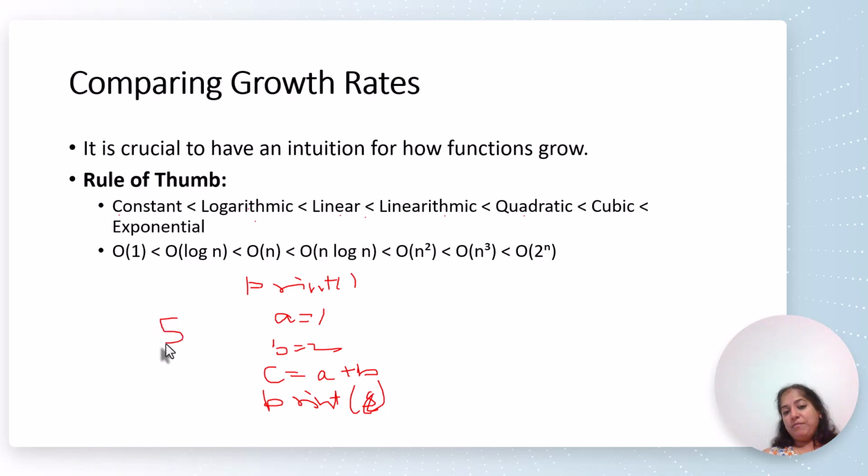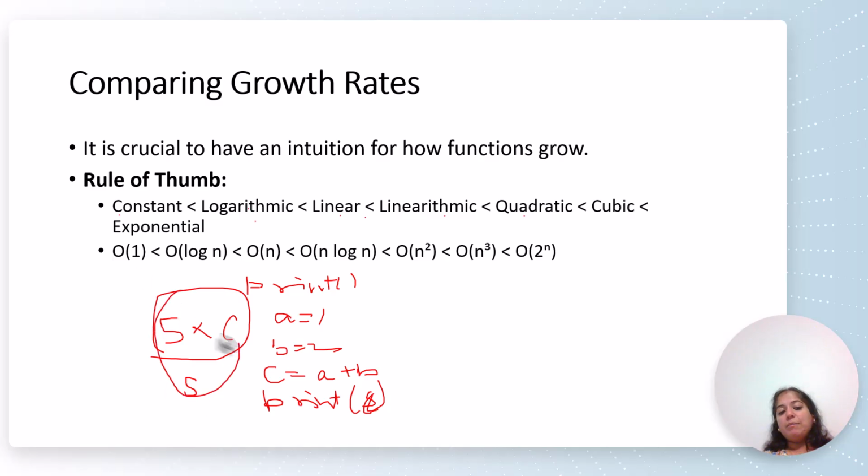So it becomes 5C. Since C is also a constant, the total time is 5. Again, it's a constant, so constant time is always written as big O of 1. Big O of 1 means constant time, which is less than big O of log n, which is less than big O of n, which is less than linearithmic, that is n log n, which is less than big O of n square, which is quadratic, then cubic, and then exponential.